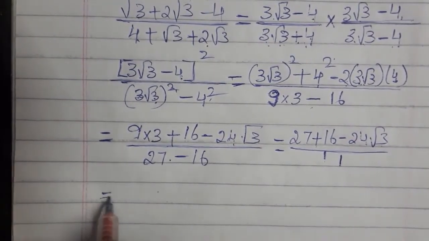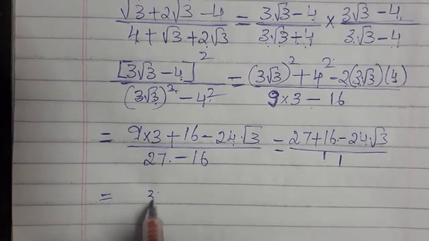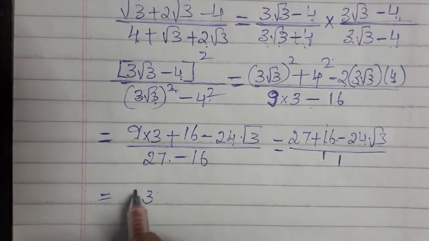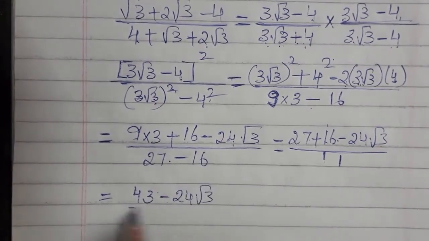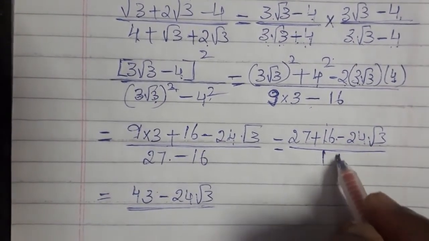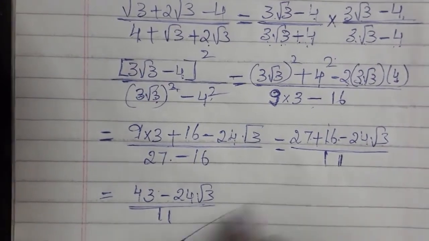So the answer is 7 plus 6, 13. 1 carry. 2, 3, 4, 43 minus 24 root 3 divided by this 11. So this is the answer.